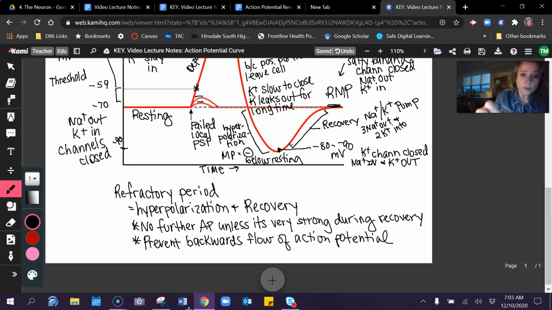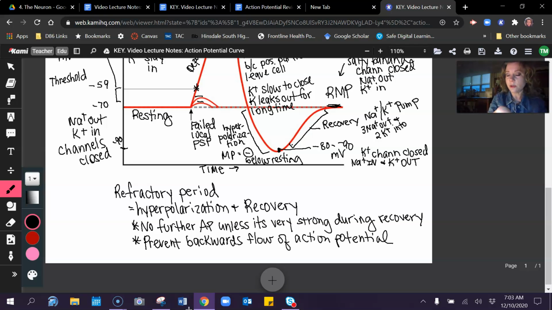So remember that in order for an action potential to occur, our membrane potential needs to reach a negative 59 millivolts. If the cell is at rest and it's at negative 70, you're just talking about, maybe, a 10 or 11 millivolt difference here, and that's it. So that's not very much.